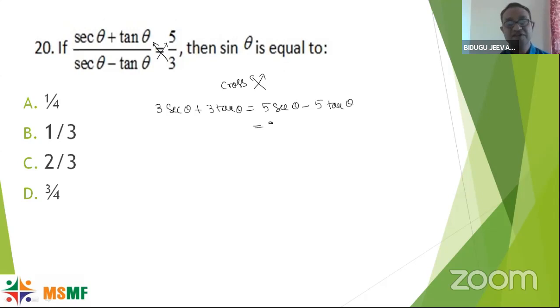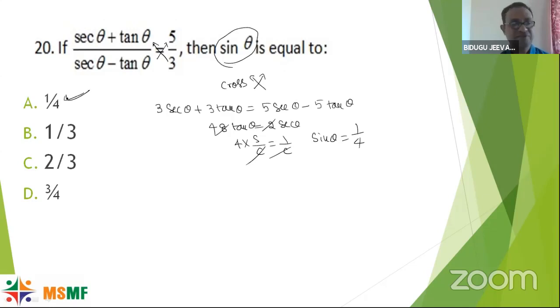Now here I'll get 2 secant theta, here I get 8 tan theta. So simplify: 4 into sin by cos, 1 by cos, so sin theta is equal to 1 by 4. I think you got the direct answer. Very simple simplification. Clear, all of you?